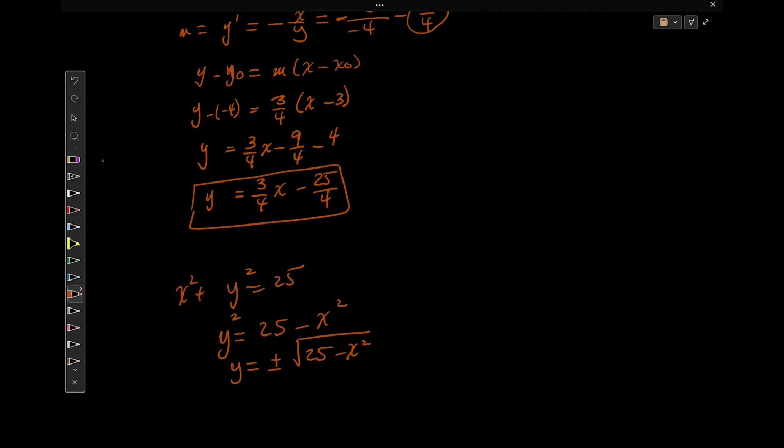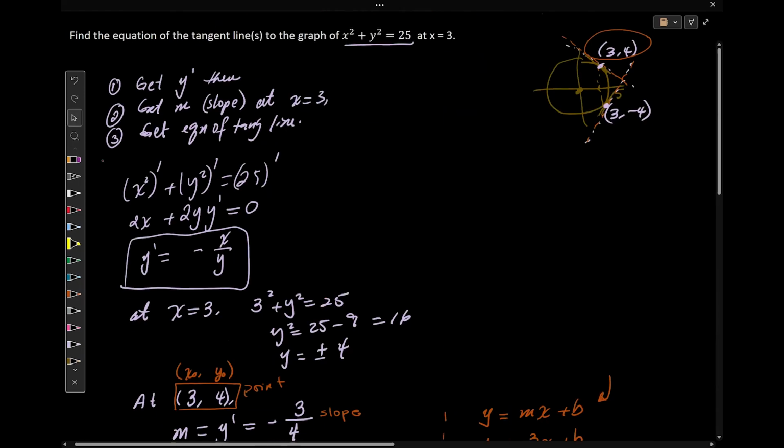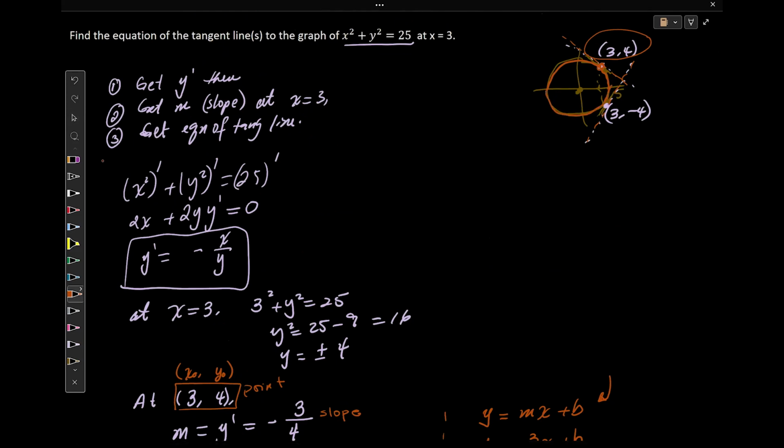So it's not a function, actually. It's just a relation between x and y. However, we can plot it one half circle at a time. We can plot the top one, get the slope at this point, then plot the bottom one and get the slope at this point.